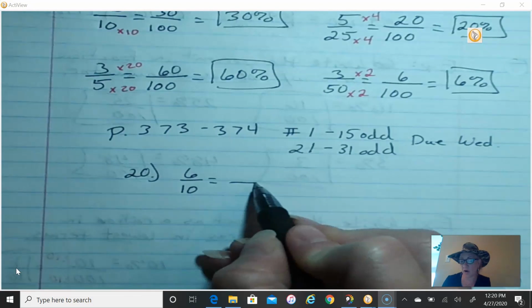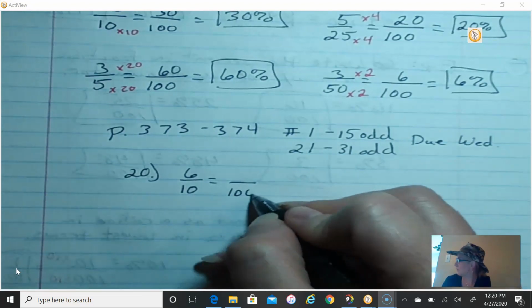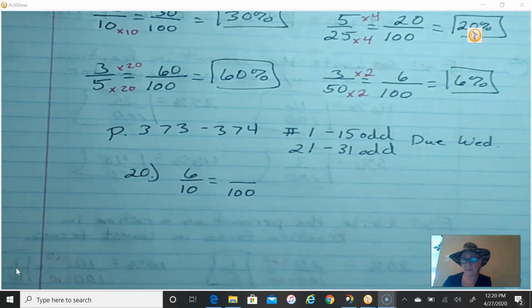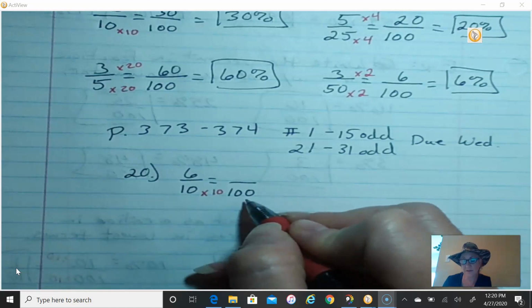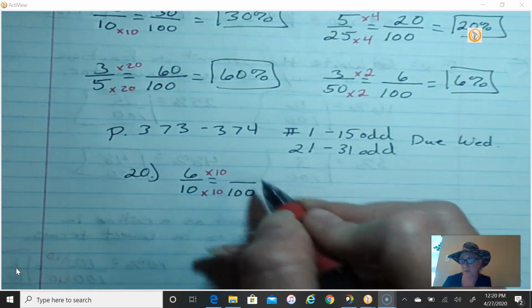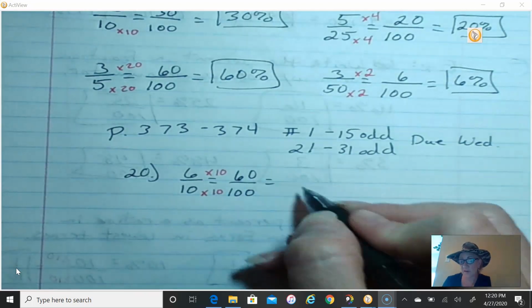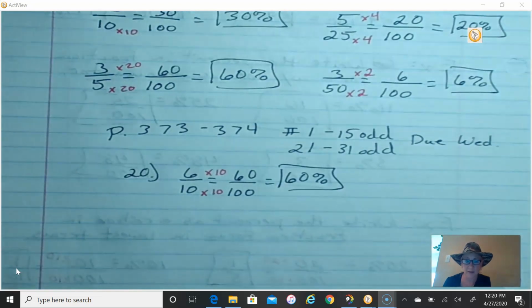The bottom number always has to be what? 100. So 10 goes into 100 how many times? 10 times 10 is 100. So what you do to the bottom, you must do to the top. So then you get 60. What percent is that? 60%. Don't forget that percent sign.